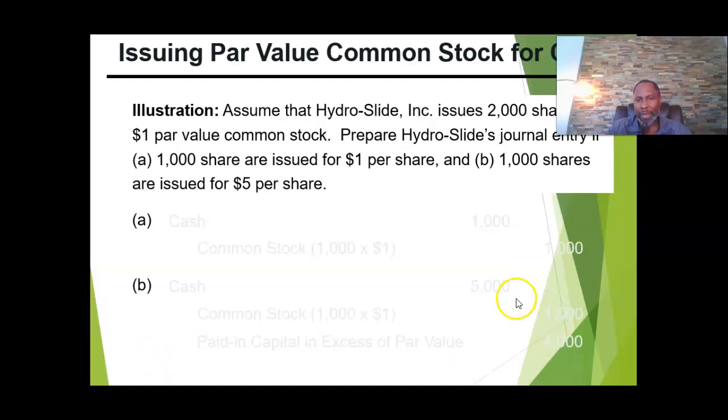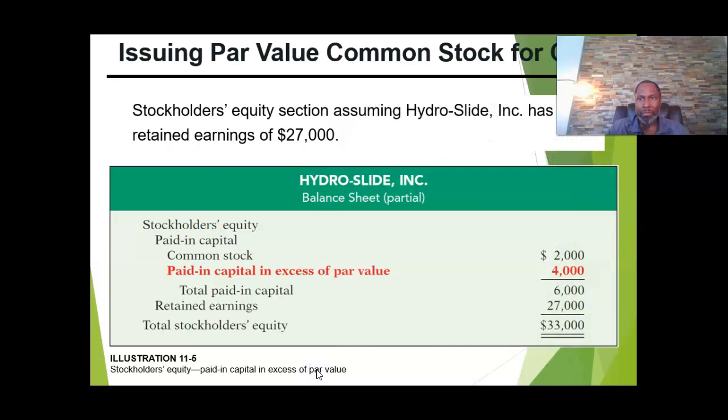So once again, debit cash for $5,000, credit common stock at its par value, which is $1 per share times 1,000 shares for $1,000. The excess goes to the account title called paid in capital in excess of par value that we're going to credit in the amount of $4,000.